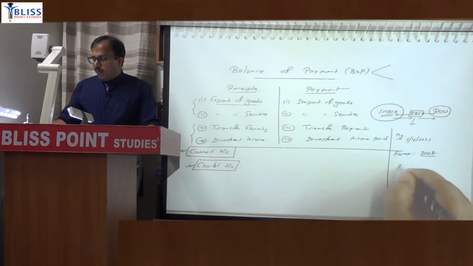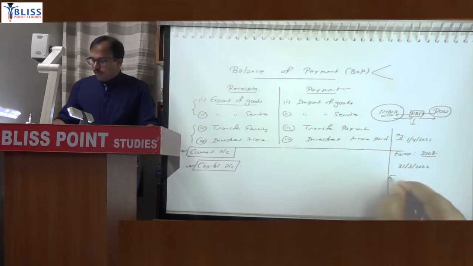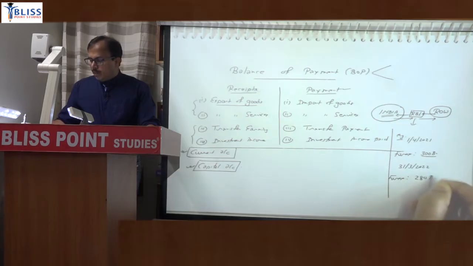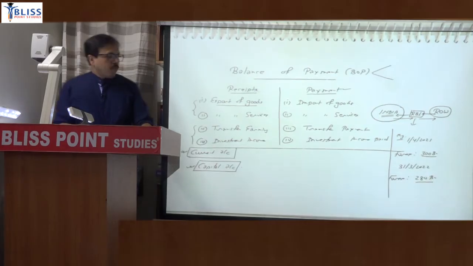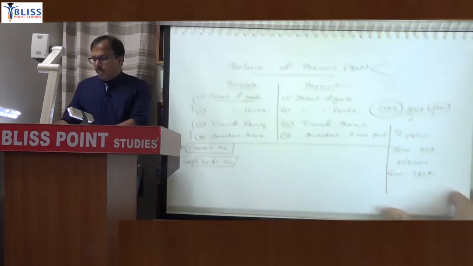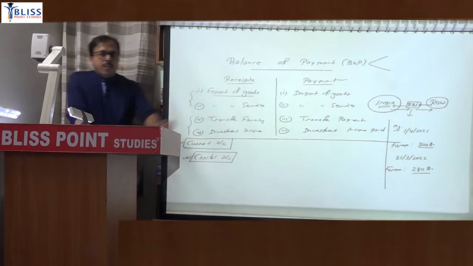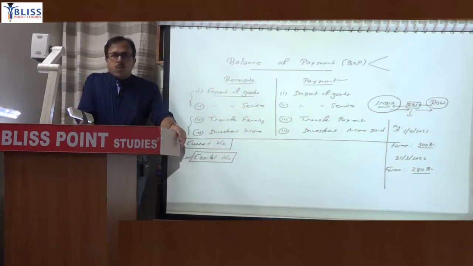And if we find that on 31st of March 2022, the foreign exchange reserve with the central bank is 280 billion. If on 1st of April it was 300 billion, and at year end, that is 31st of March 2022, the reserve is now 280, then what will be the interpretation?